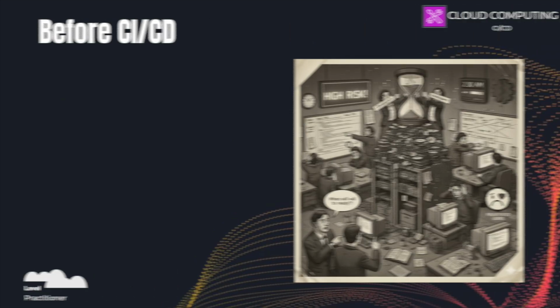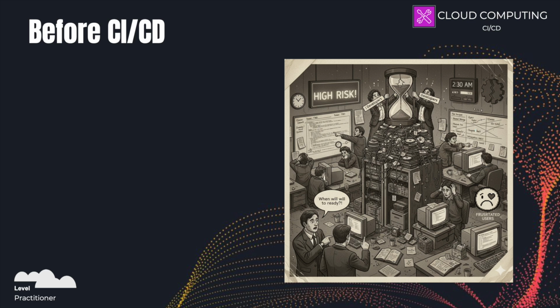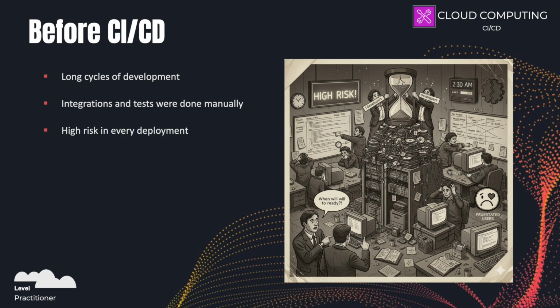To better understand this, in the past before CI/CD, development teams often worked in long cycles. Code from multiple developers would pile up for weeks or even months before being merged. Integrations were done manually and deployments were scheduled far apart, and each release carried a high risk of breaking something.